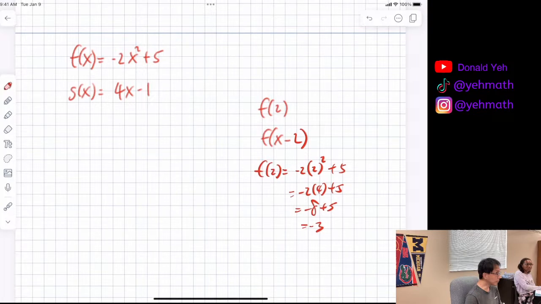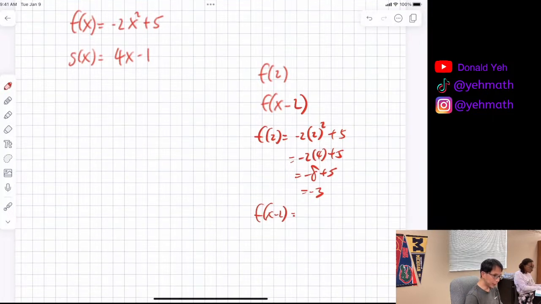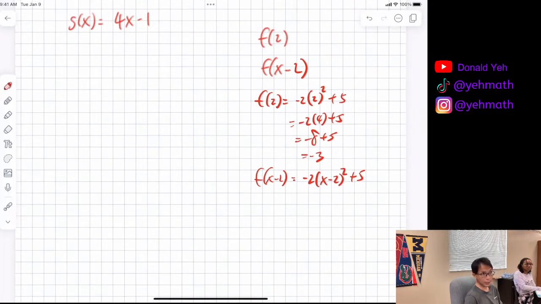Is that okay? For f of x minus 2, this graph is going to move. So -2 times (x minus 2) squared plus 5. Did you write it down? -2 times (x squared minus 4x plus 4) plus 5, and I can distribute that. Later, you write it down. Did you get this?